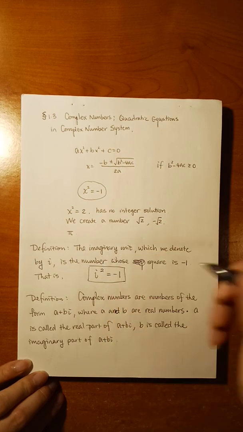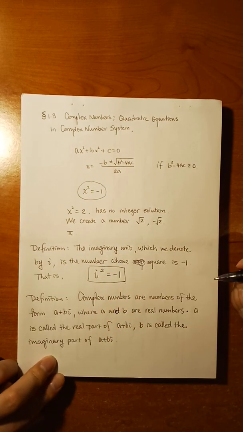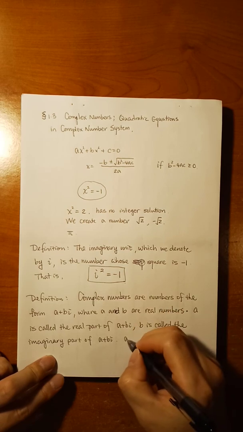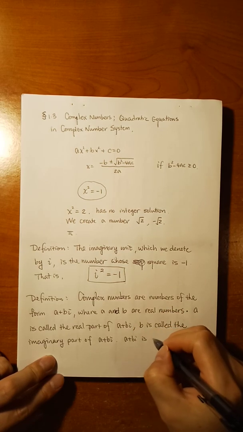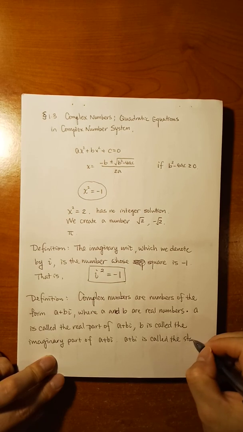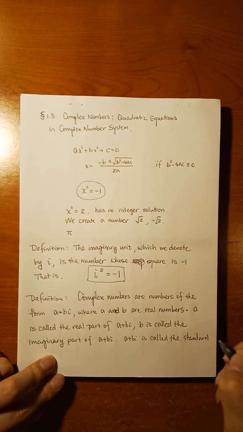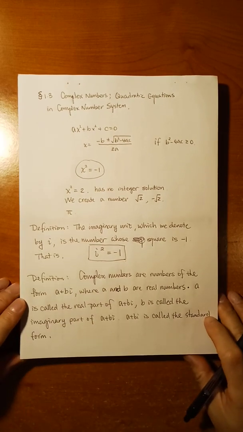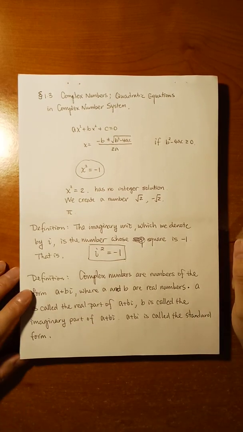And i is the imaginary unit. Okay? And a plus bi is called the standard form. Okay, so that's complex numbers.